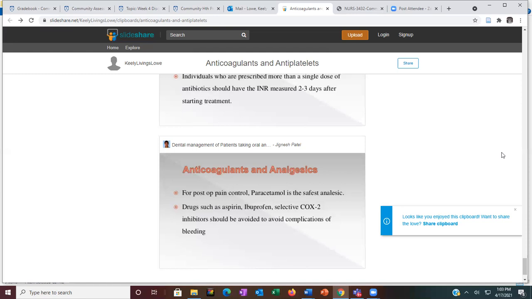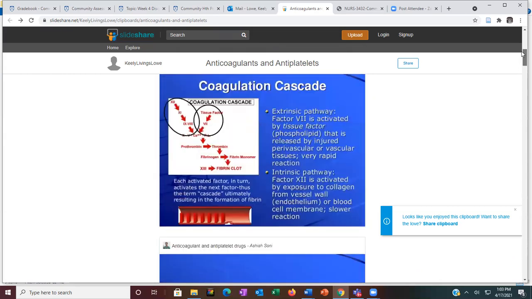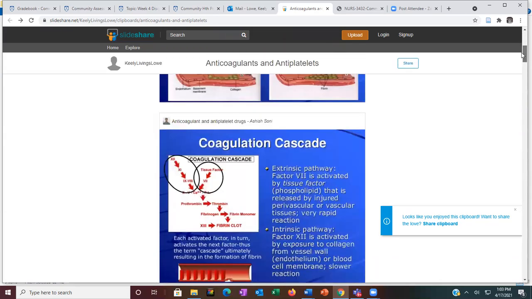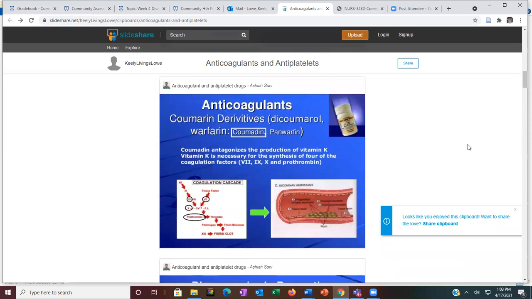Working on a different part of the cascade is a new type of anticoagulant called 10A inhibitors. And I'm going to roll all the way back up here to the beginning when we looked at the clotting cascade.